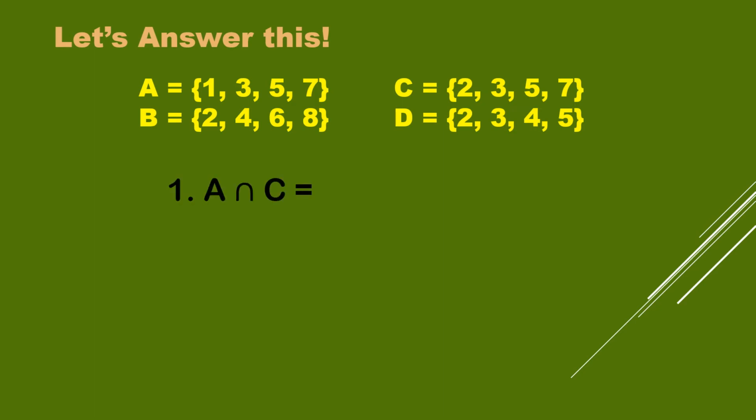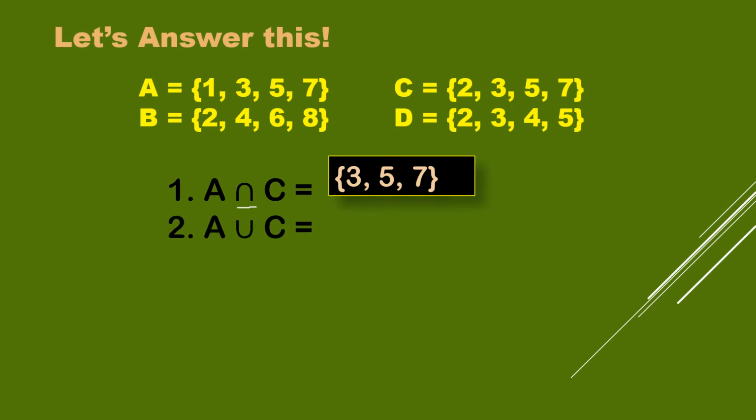First, what is A intersection C? Remember the intersection? Okay? Intersection meaning, ano yung elements na common kay A at C? Right. We have 3, 5, and 7.